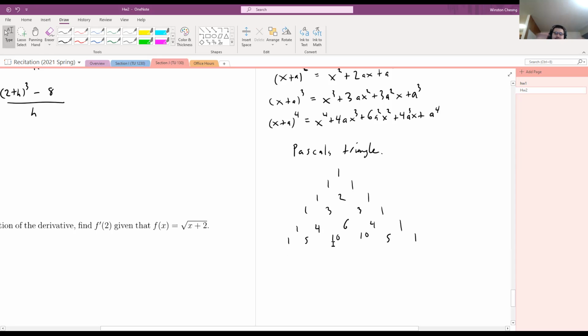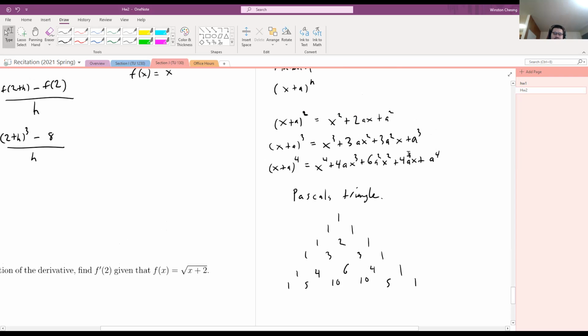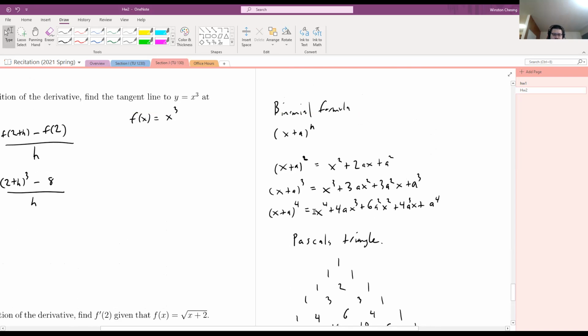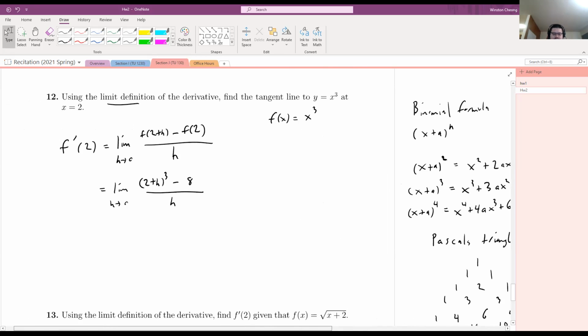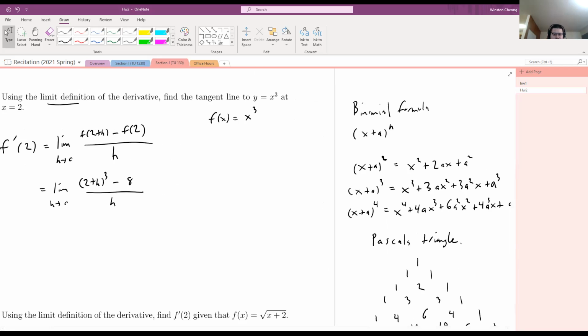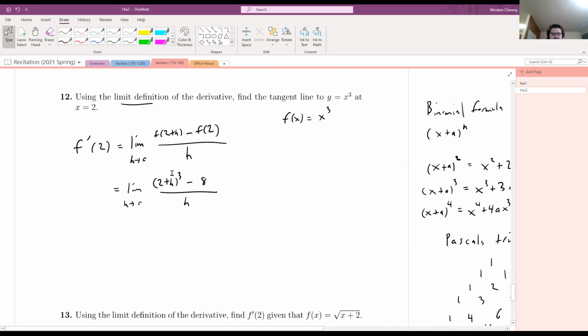But magically, these numbers encode the coefficients for this expansion here. So that's the little trick you use to memorize this kind of stuff. And raising to the third power is very easy to do if you know this trick. Now let's go ahead and use this trick.